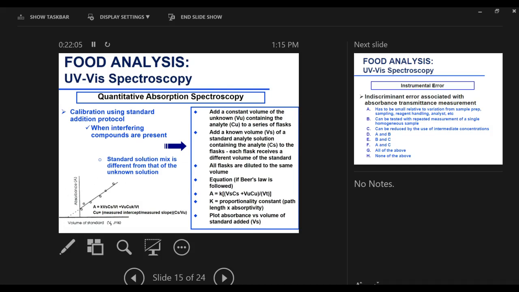And then now you have a stock solution of your standard. Okay, so now I want to build a concentration gradient of my standard within my sample. So I put a different volume of the standard in each one of those.